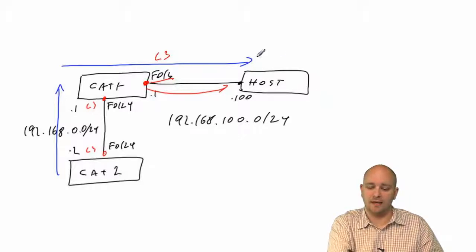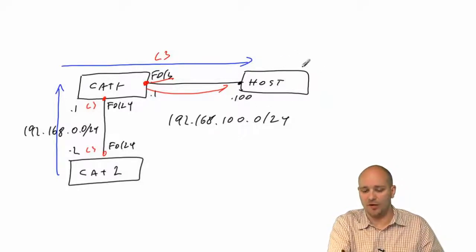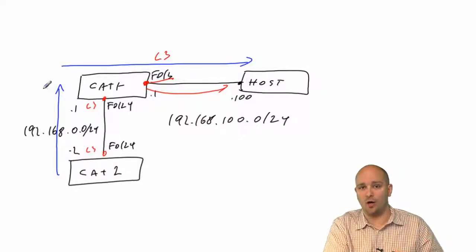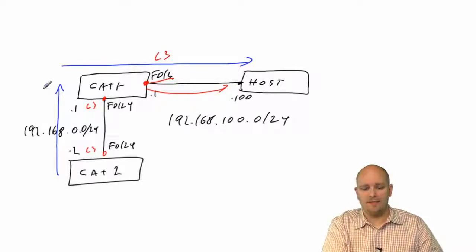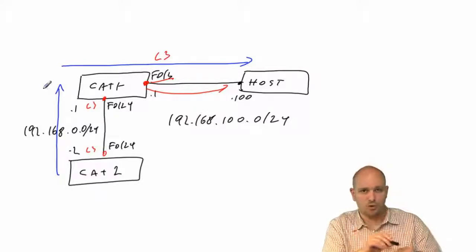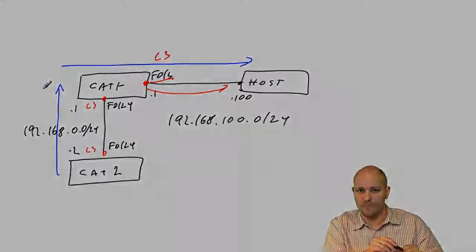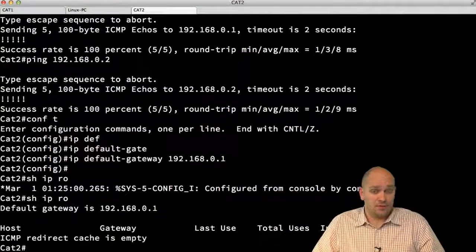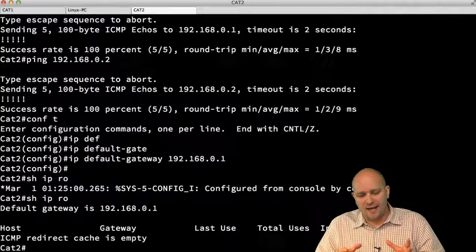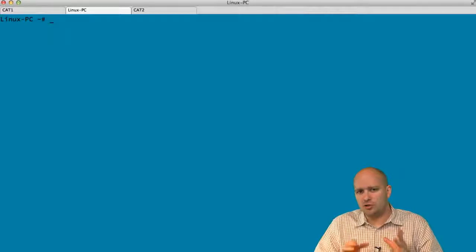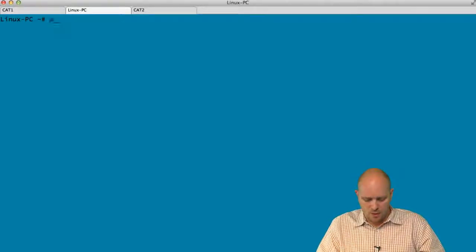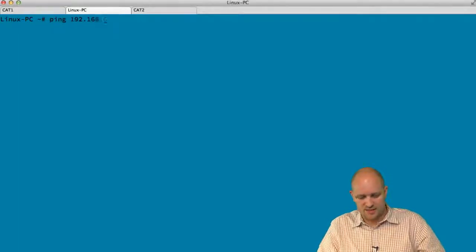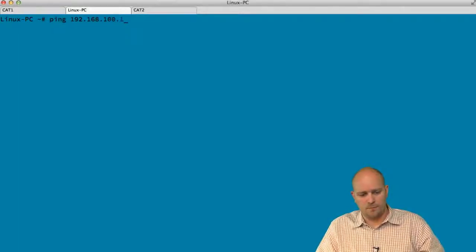Now, what I'm missing is perhaps a default route or a route back on the host towards Cat2. So I'm going to go add that route, and I'm going to come back and show you something very, very interesting. I have now added the route that I was missing on the host, and let me try to ping 192.168.0.101.